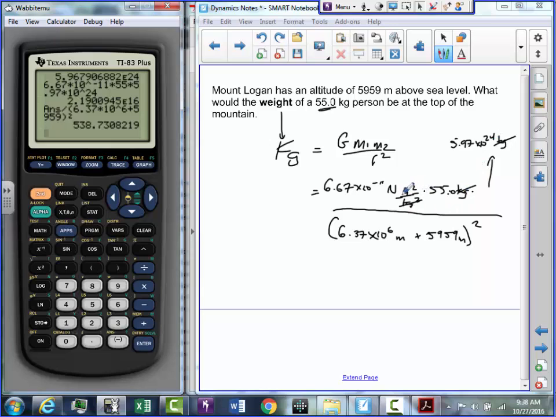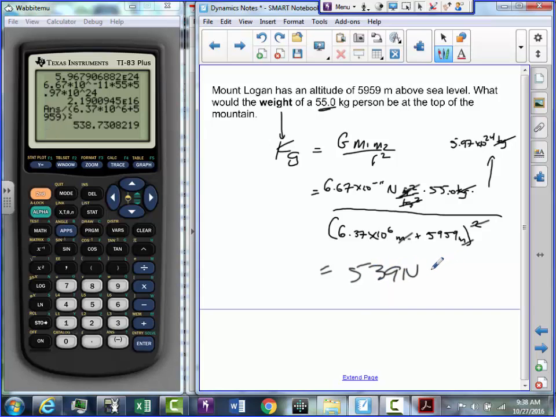There's a meter squared, but isn't that meter squared going to essentially cancel the meters that are squared here? This is a force. This is the force of gravitational attraction between you, a person on Mount Logan, and the Earth. So we'd have to call this 539 newtons. That would be your quote-unquote weight.